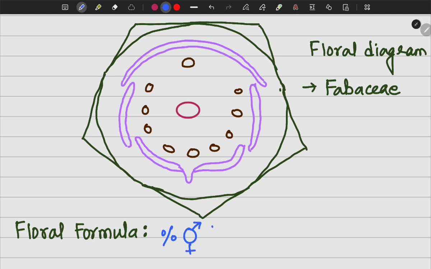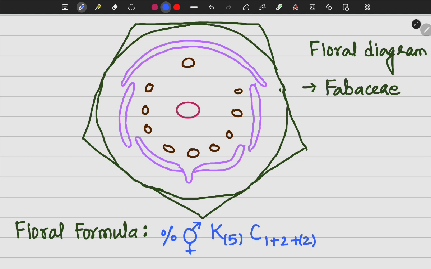Then we will write about the calyx. The calyx are 5 and they are fused. Then we have corolla with vexillary aestivation, right? And in vexillary aestivation we saw that there is one large standard plus 2 lateral wings plus 2 keels at the anterior, and these 2 keels are fused.